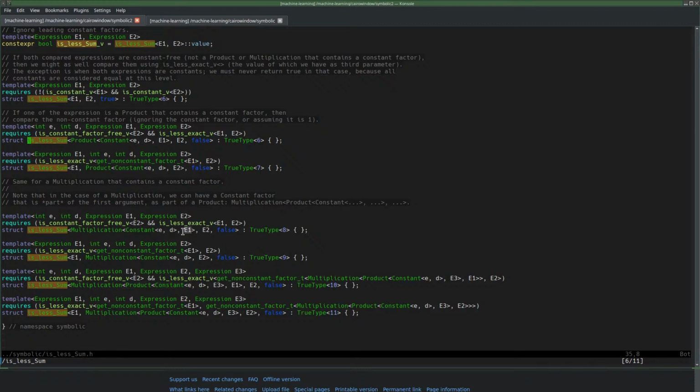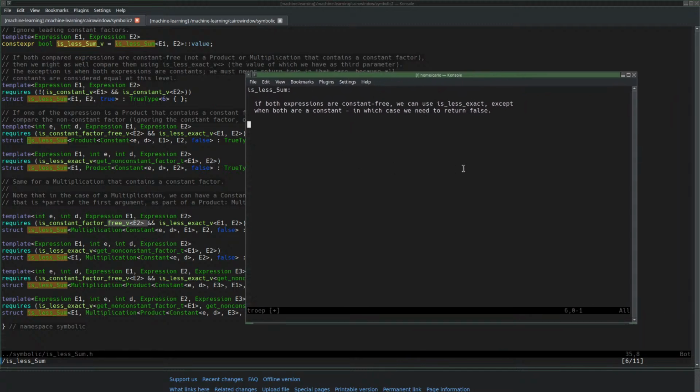So this is E1 is constant 3, and we demand that E2 is constant 3, so basically we're just comparing the constant 3 factors. So I would say yeah, it looks like otherwise just compare the constant free factors.